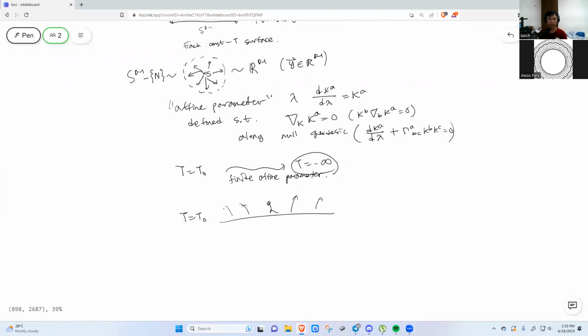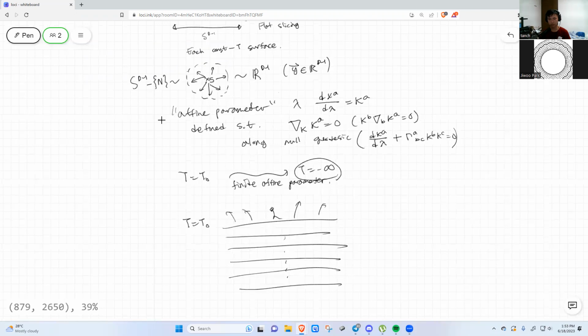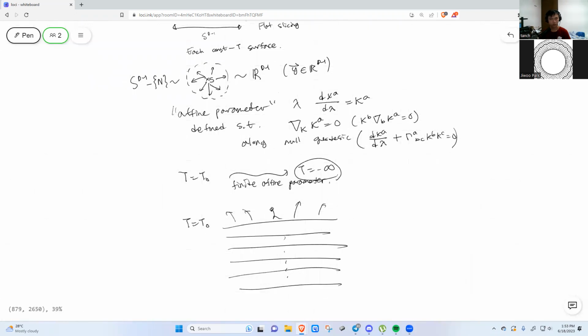You're in an expanding universe right now, and you extrapolate that the universe is expanding exponentially, so if you go into the past, the universe would be crunching exponentially.